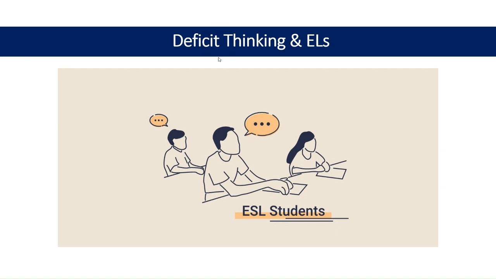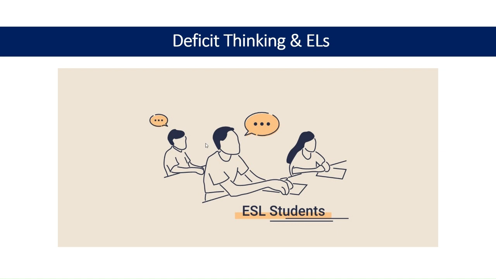And when this perspective is applied to English learners, it can lead to misunderstanding about their learning behaviors. So, for example, an English learner who is quiet in class might be perceived as disengaged when actually the student is shy or the student may be actively listening and processing information in a new language. And this takes time, right?